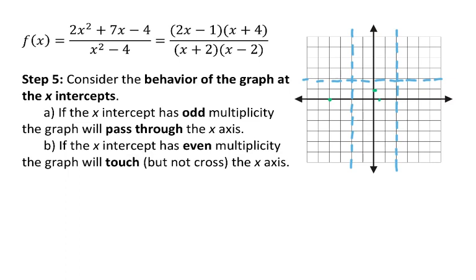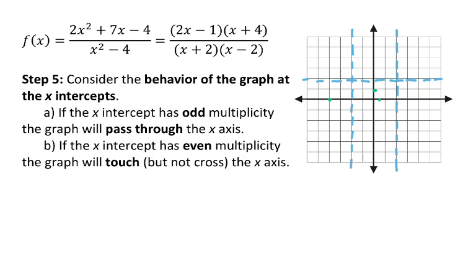Which is which depends on the multiplicity of the x-intercept. The multiplicity of an x-intercept is the number of times it occurs, and also goes back to the power on the factor when the numerator is factored.